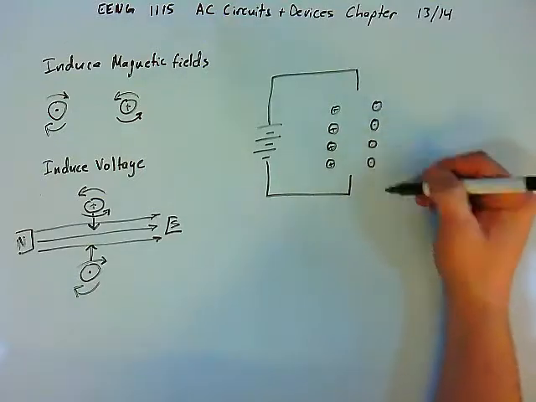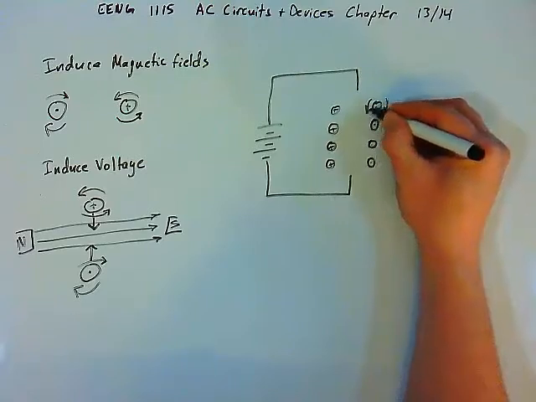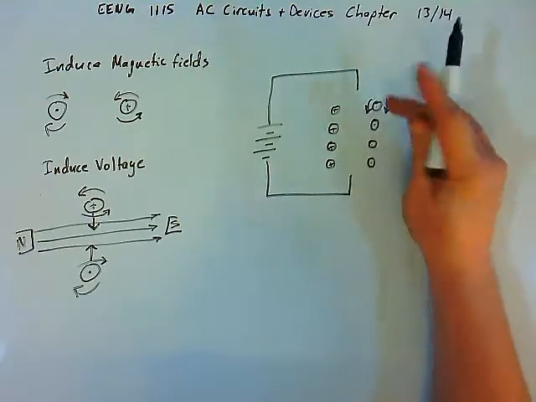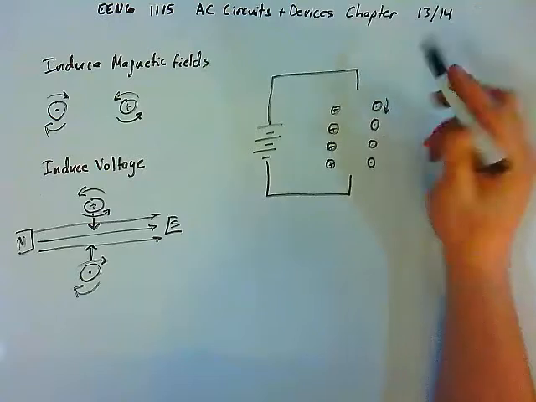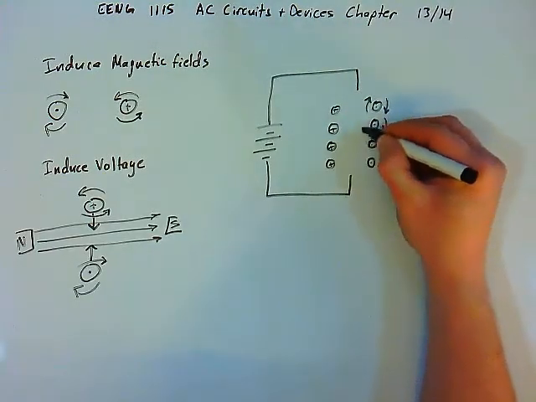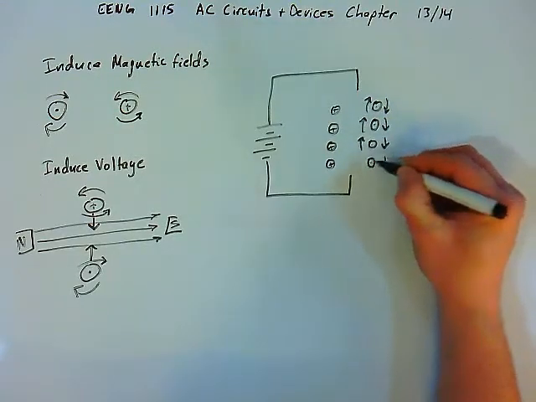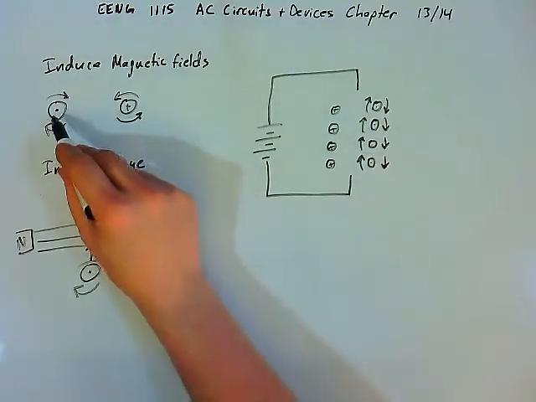And so every turn that has the current coming out of the page will have a clockwise magnetic field induced around it, just like we see here.